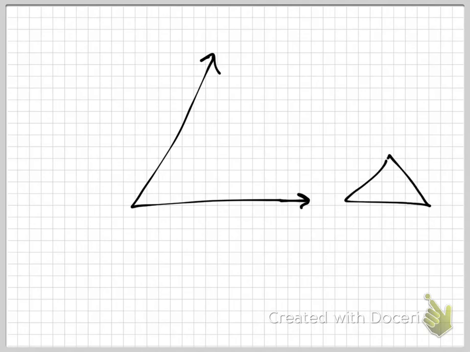Here's the deal. The endpoint where the two rays meet, that is called the vertex. The vertex is the intersection of two sides of an angle or a figure, right? If I have a triangle, that's a vertex, that's a vertex, that's a vertex.